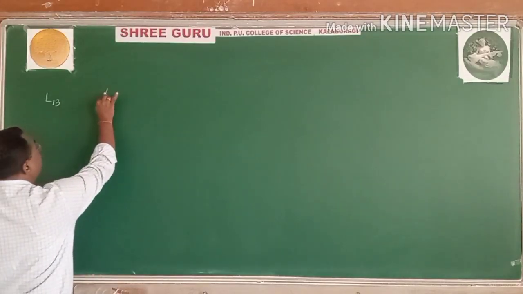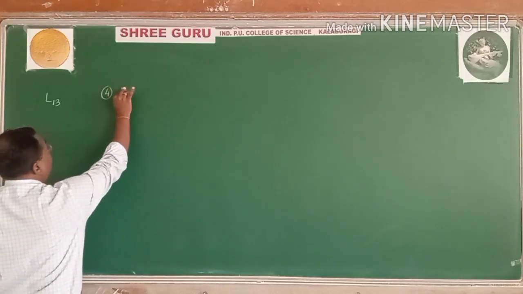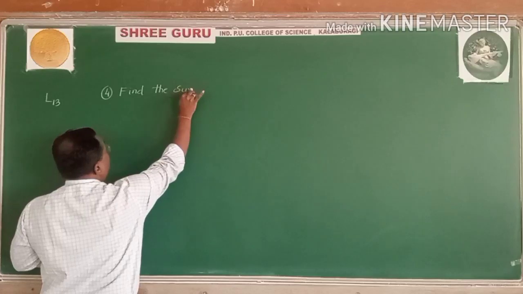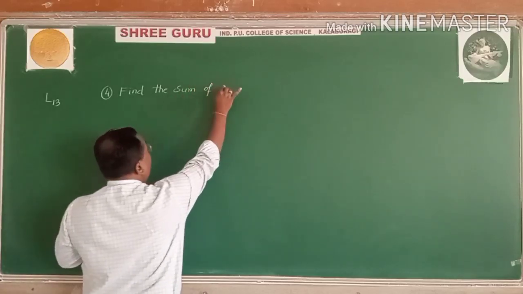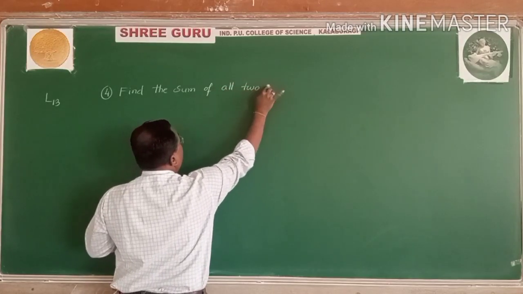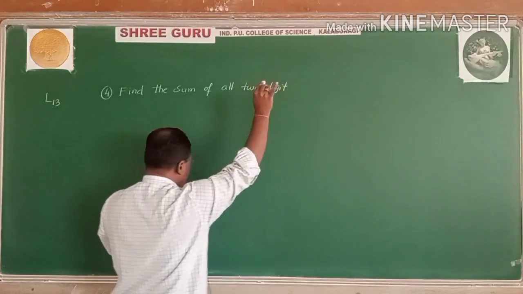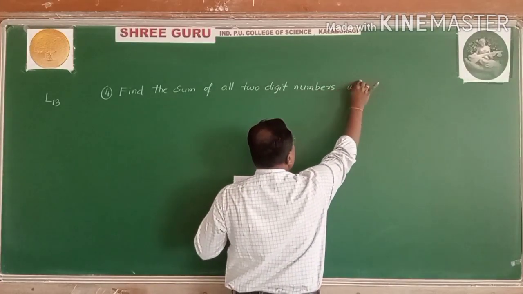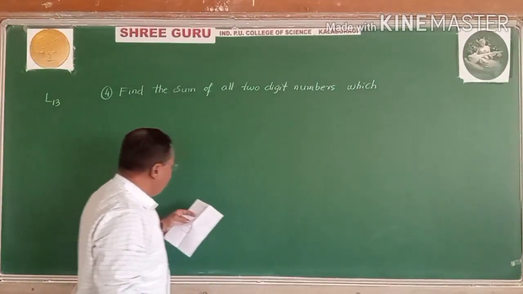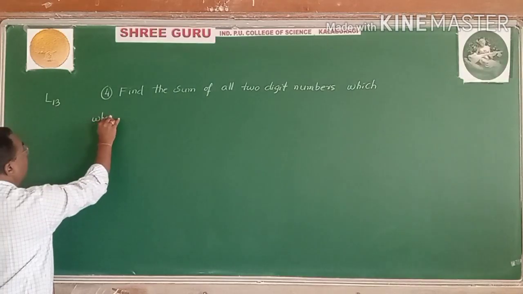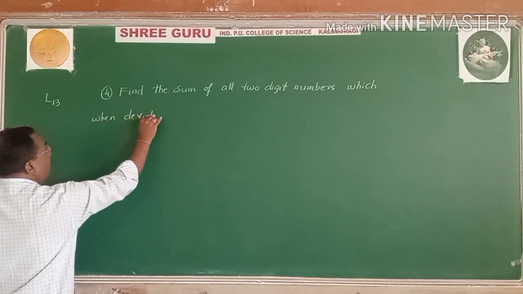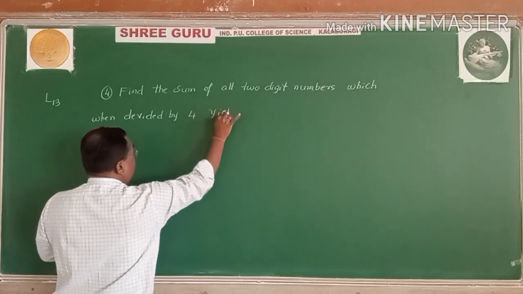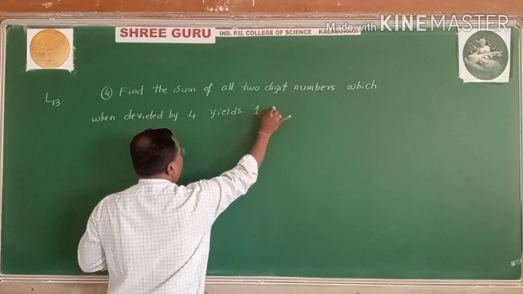Example number 4. Find the sum of all two-digit numbers which, when divided by 4, yield 1 as remainder.